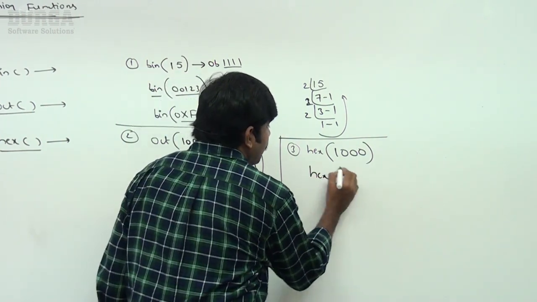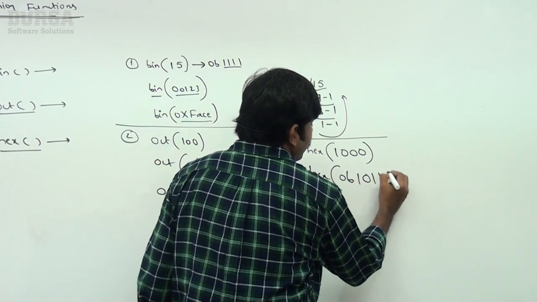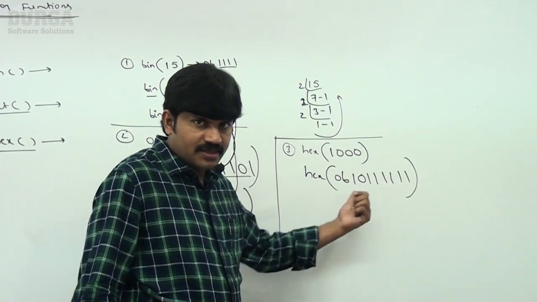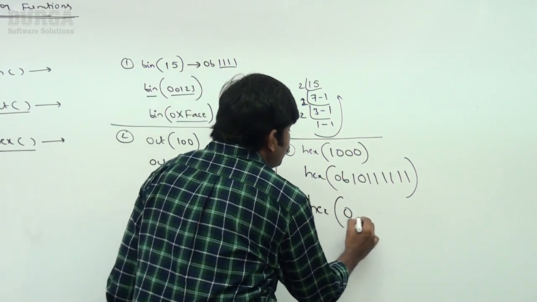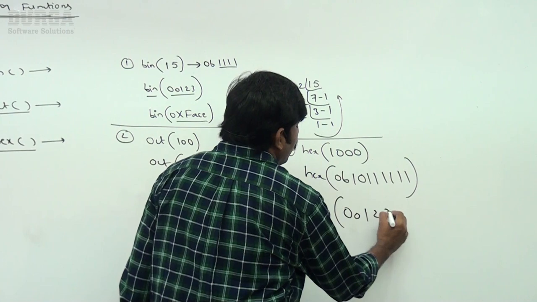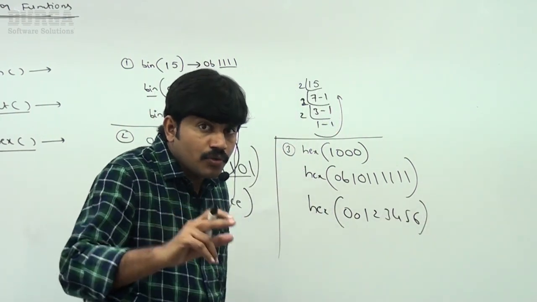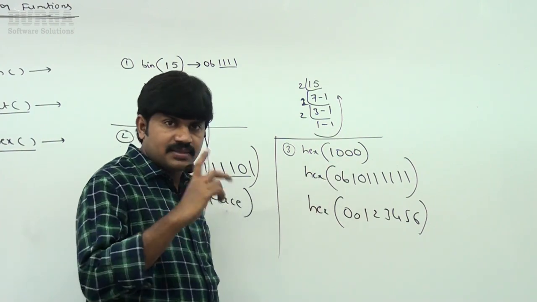Similarly, hex of 0b10111111, something like this; I want the equivalent hexadecimal value. Hex of 0o123456, like this. If you want to know the corresponding hexadecimal number, then we need to use the hex function.